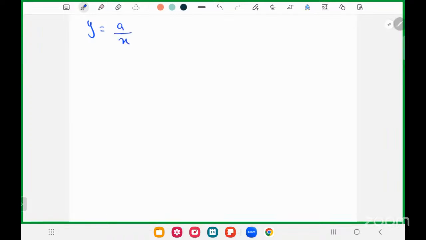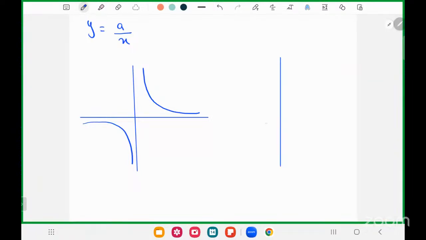Y is equal to a upon x. Y is a upon x will be something like this if a is greater than 0, that is, a is positive.